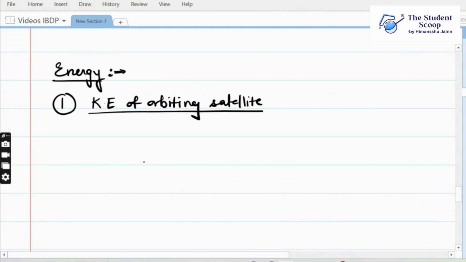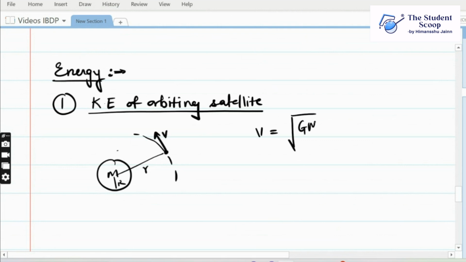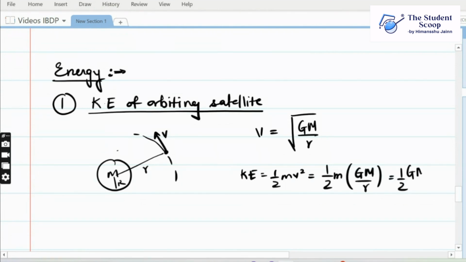For example, when we see an object that is orbiting a planet of mass M at a distance small r, if this object has some velocity v, that is the orbital velocity, given as the square root of GM over r, we can calculate the kinetic energy very easily: half mv squared. If I substitute this, it will be half GMm over r.